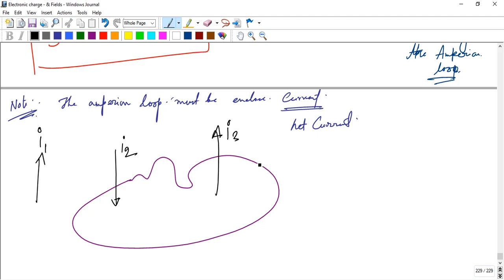This purple Amperian loop includes only two currents, I2 and I3. Suppose we choose a magnetic field in that direction. Apply the right hand thumb rule. Our current direction is upward, and the other is downward.